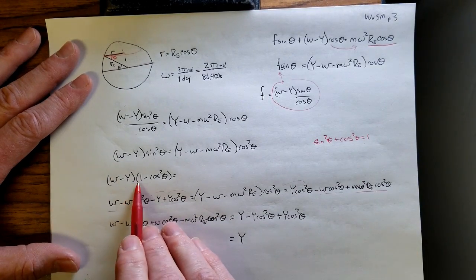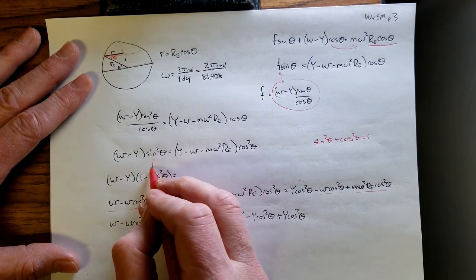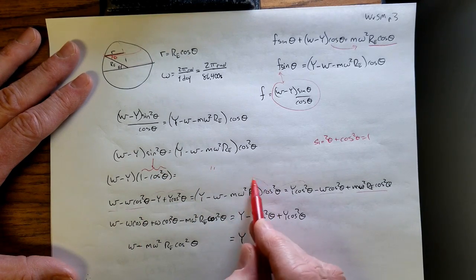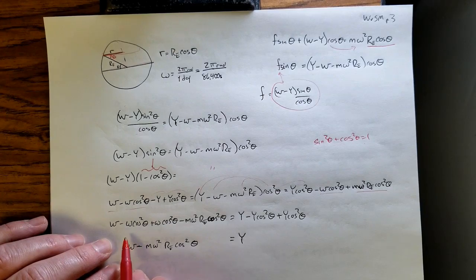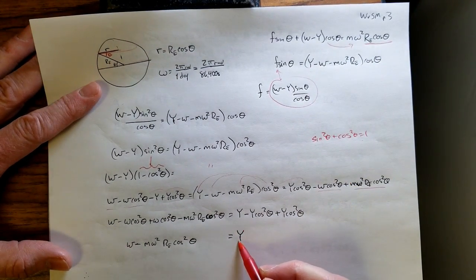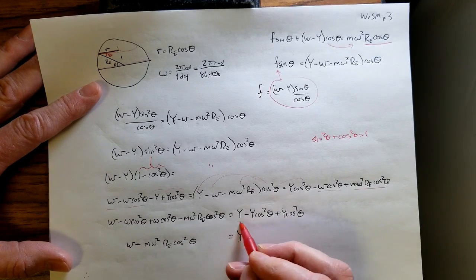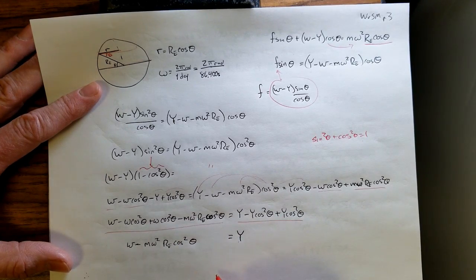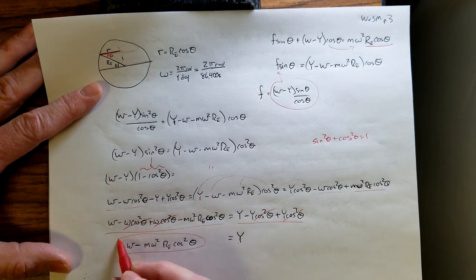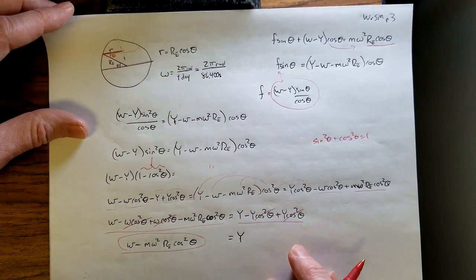So w minus y times 1 minus cosine squared theta, making that substitution, is equal to this. Foiling, and then distributing here, and ultimately, since the scale is reading that normal force, I solve for the normal force. So I'll get all the normal force terms on one side, the non-normal force terms on the other. Those cancel out, and I'm left with that as the normal force. So that is what the scale is reading.